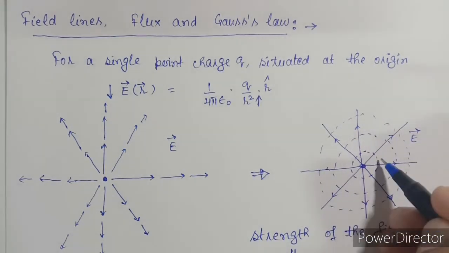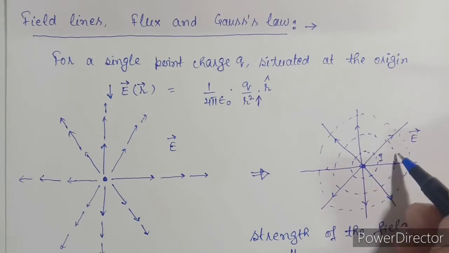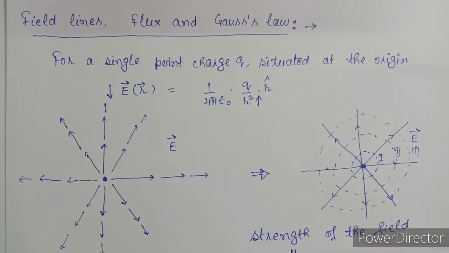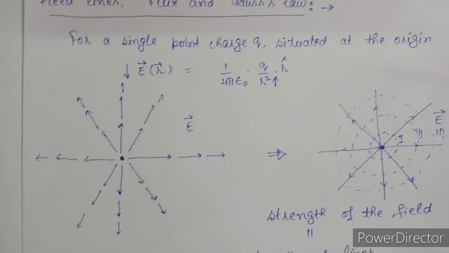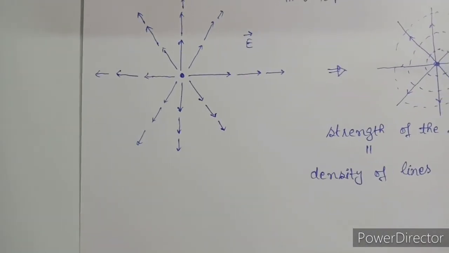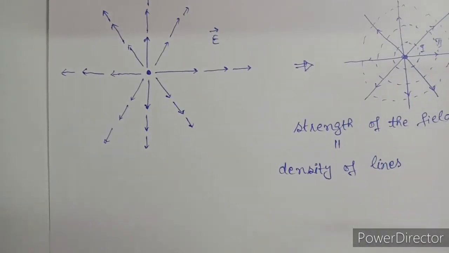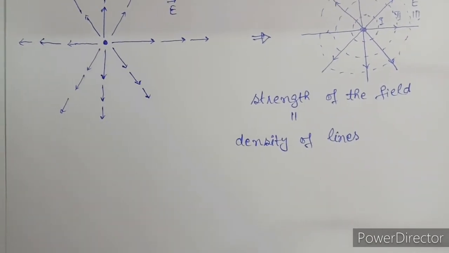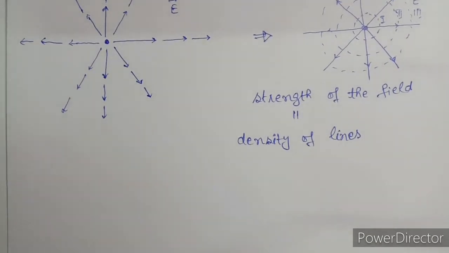That is, in this first circle the density is more as compared to the second circle, and the third circle, and so on. So again it gives the same information, that the strength of the field goes on decreasing as we move away from the origin or from the charge.